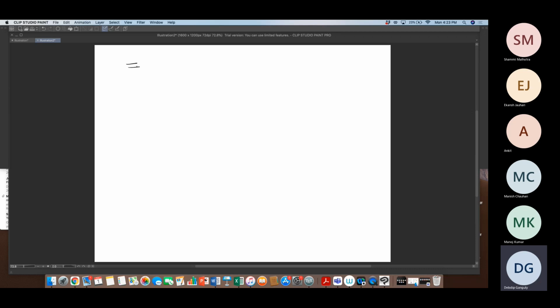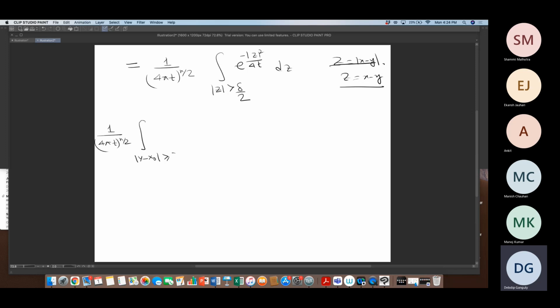Which is equal to, I can write down as, 1 by 4 pi t to the power n by 2 integration over mod z greater than delta by 2, where I have put z equal to x minus y, of e to the power minus mod z square by 4t dz. So we have the integral over mod y minus x naught greater than delta is less than or equal to the integral over mod z greater than delta by 2. This I have proved. Okay.